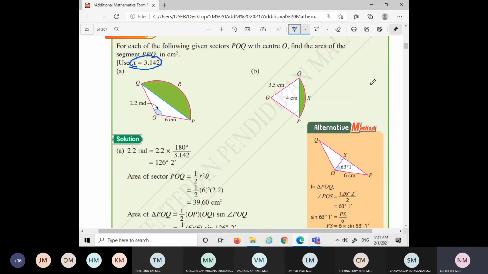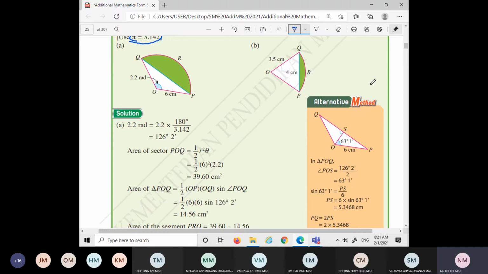Let us look at the first example. So how you want to find the area of segment is by using the area of sector minus the white color one, the area of triangle.